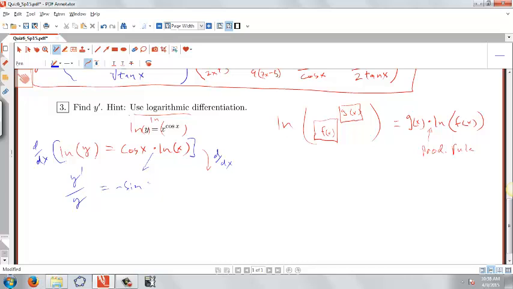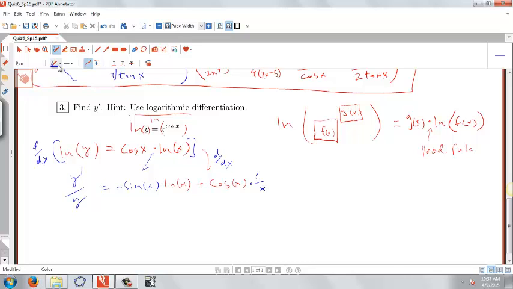Minus sine of x, times ln x, plus the cosine of x times the derivative of natural log of x, which is just 1 over x. So we're almost done.